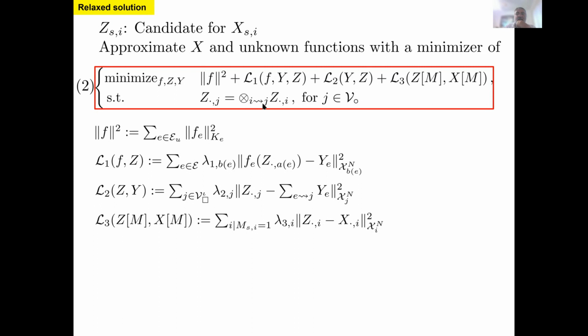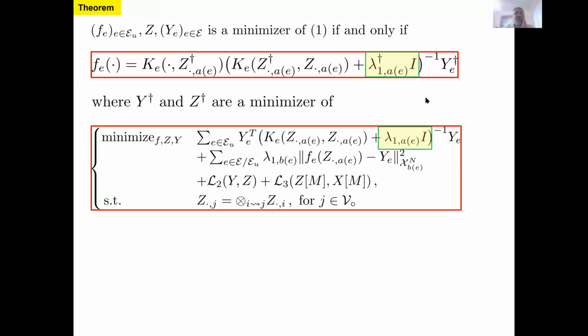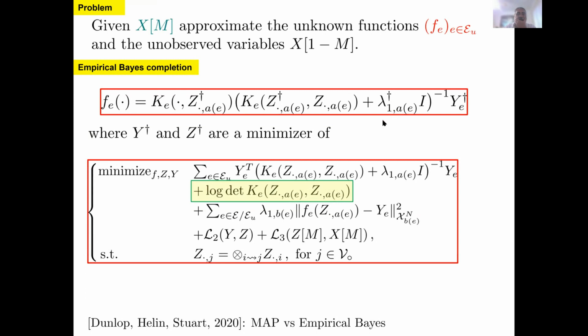And if you use that relaxation, then the previous optimization relaxes to the following form. And this relaxation introduces nuggets in the kernel representer formula, enabling the identification of the unknown functions given the variables Z and Y. Now, you can also complete the graph by computing the empirical Bayes estimation of the underlying GPs instead of their MAP estimation.